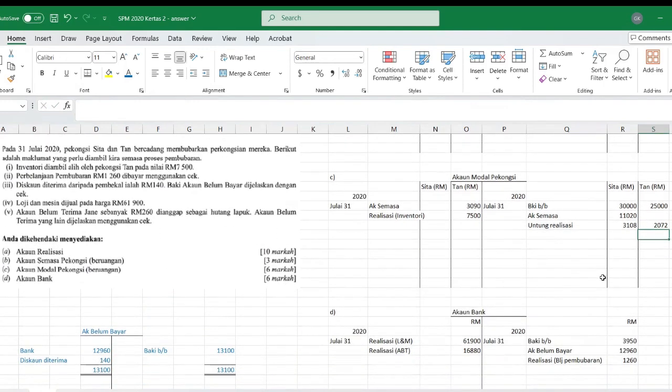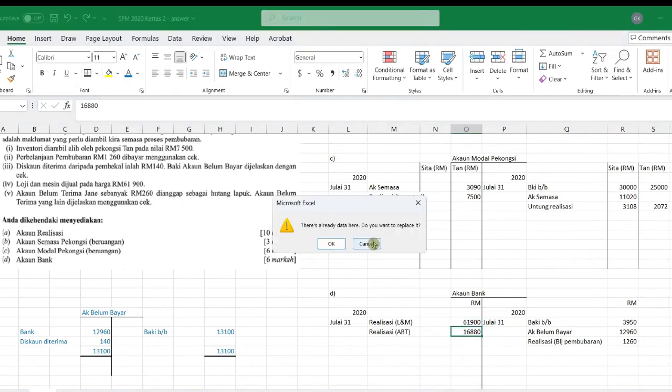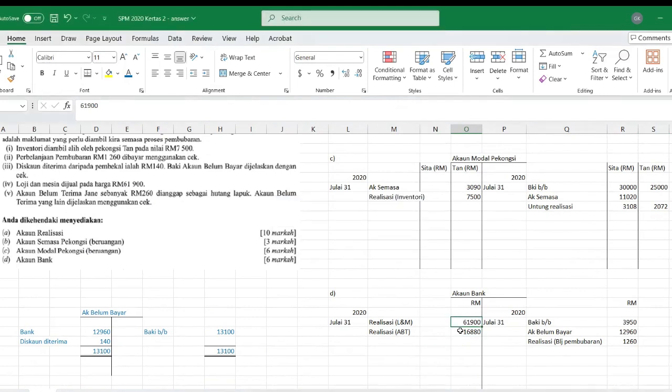we can now check how much should be paid back to Sita and Tan from the bank account. Okay, so if you sum up the debit side of the bank account, what do you get? Total up the debit side of the bank account. Do you get 78780?